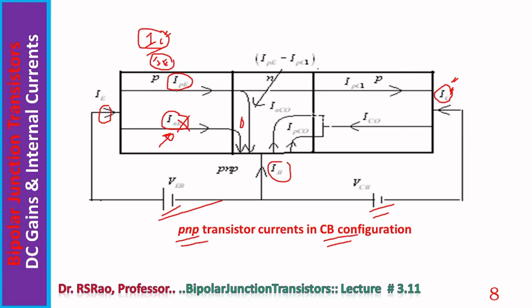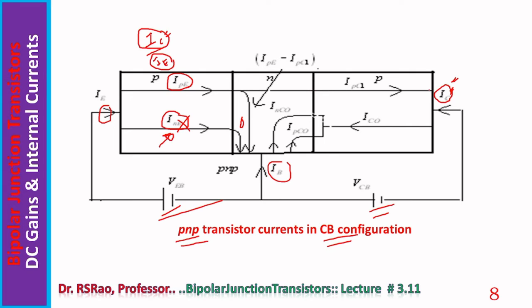Okay, now IP. This current is due to the flow of holes. INE is due to the flow of electrons. IP is due to the movement of holes. This current travels and enters the base region. As the base is lightly doped and a very thin region, this current is able to pass very quickly across the base region and reach the collector region.